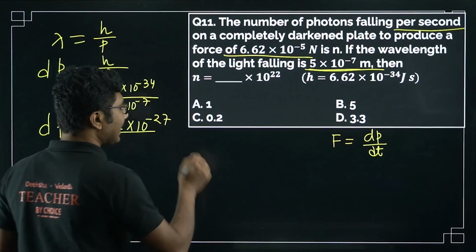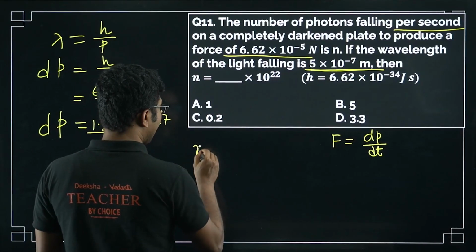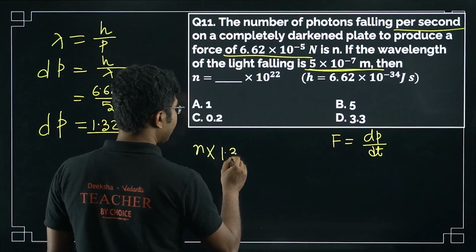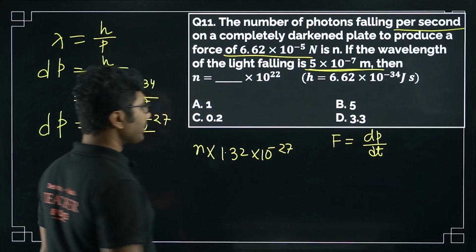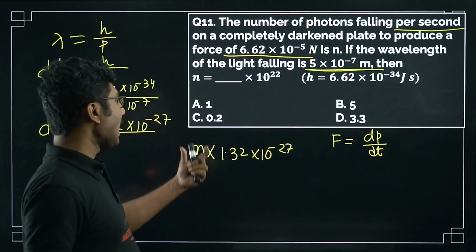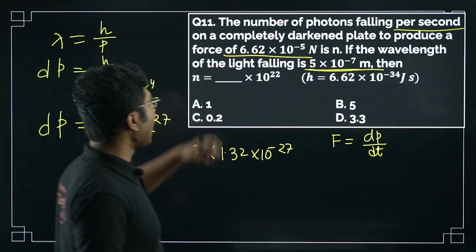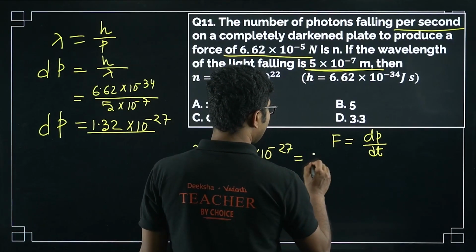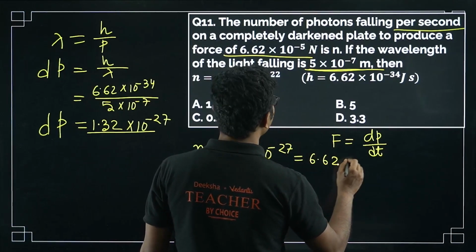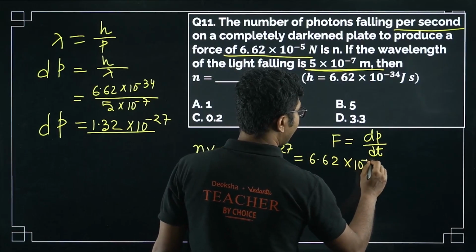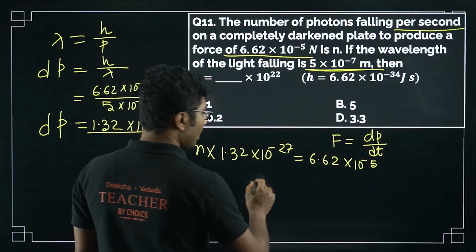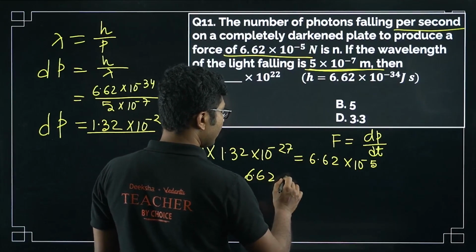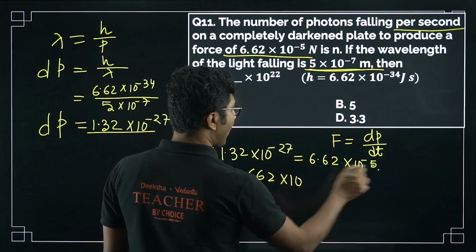Suppose n number of photons are falling, then n into 1.32 into 10 to the power of minus 27 should be the total force acting on the object, and that force is given as 6.62 into 10 to the power of minus 5. So n is equal to 6.62 into 10 to the power of minus 5 divided by 1.32 into 10 to the power of minus 27.